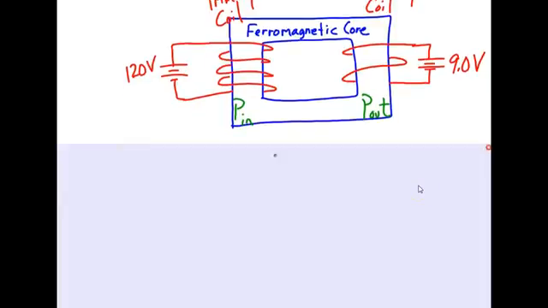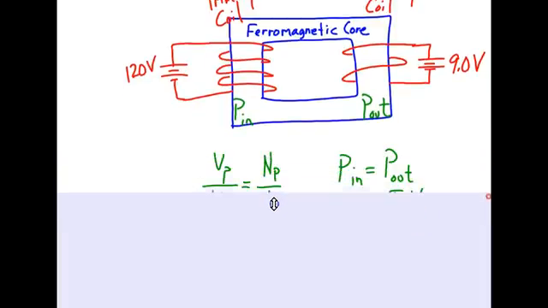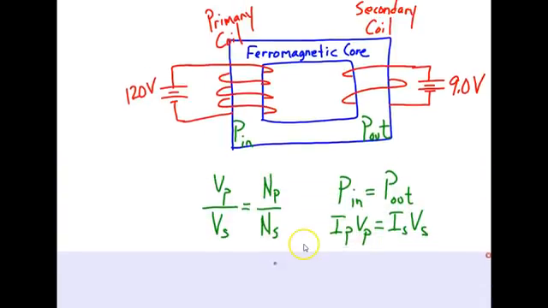And that's the concept behind a transformer. Well, it's really easy. The number of turns on the primary coil and the number of turns on the secondary coil that are required to do this are simply in the same ratio as your primary voltage is to your secondary voltage. So here we go.